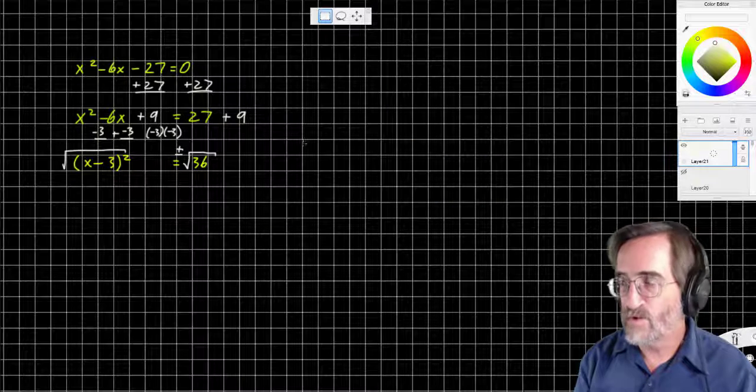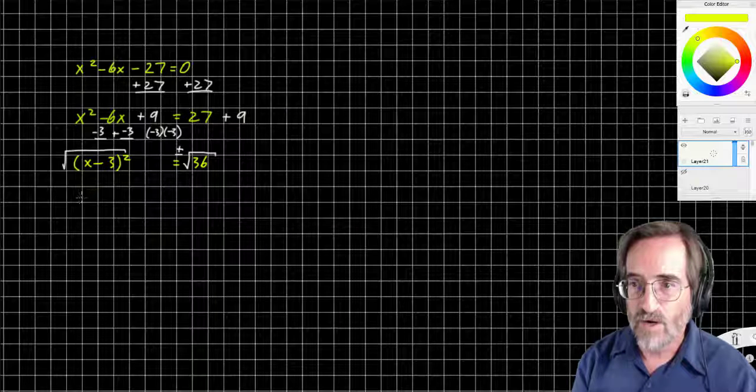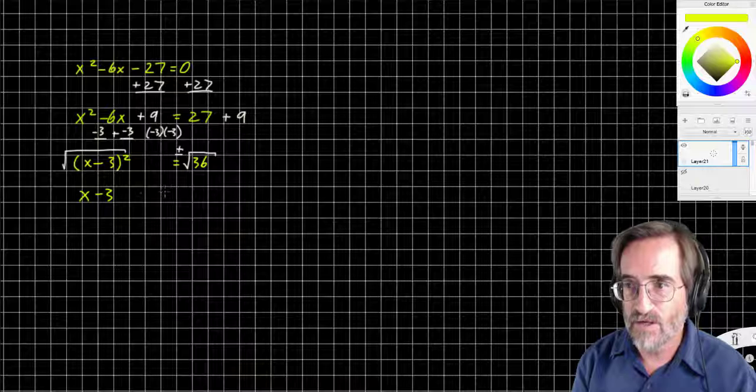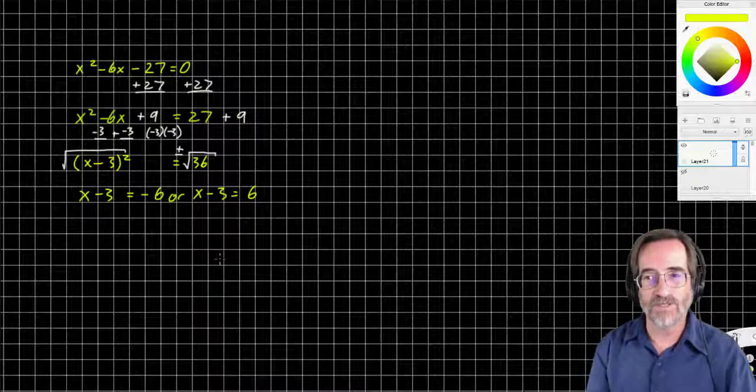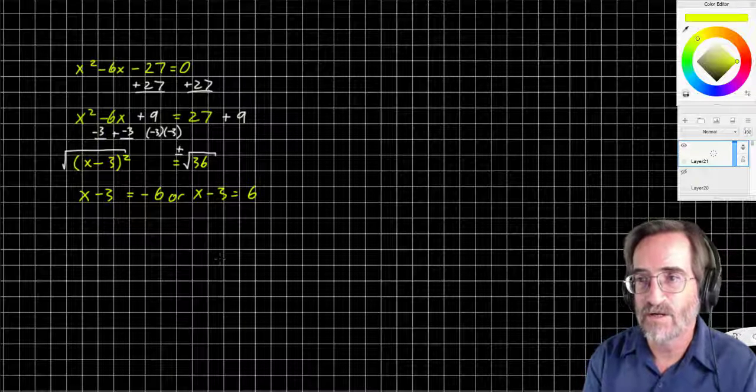The square root of 36 is 6, and the square root of a square undoes itself. So this is x minus 3 equaling positive or negative 6. So x minus 3 equals negative 6, or x minus 3 equals positive 6. Two equations, because we could have a positive root or a negative root of 36.